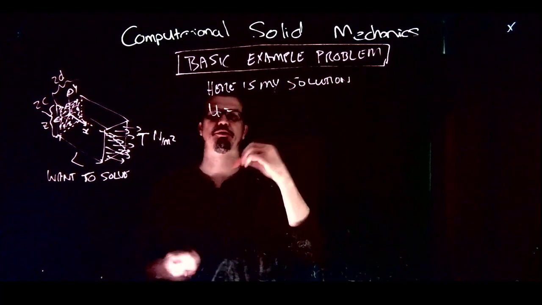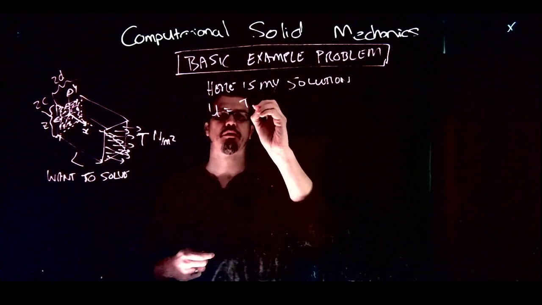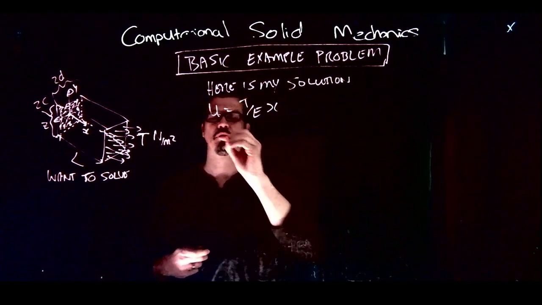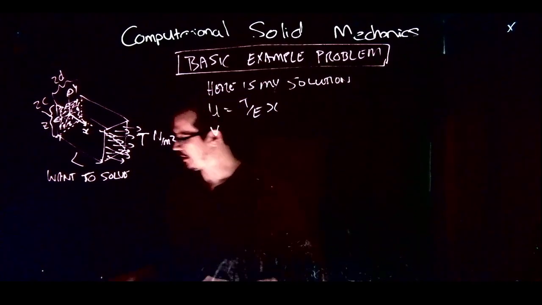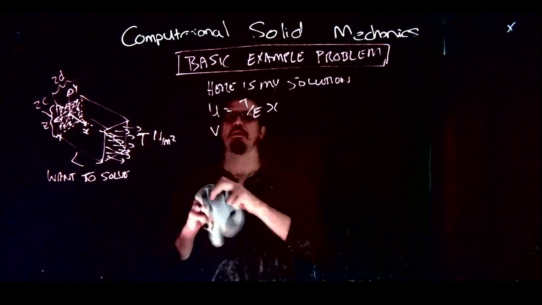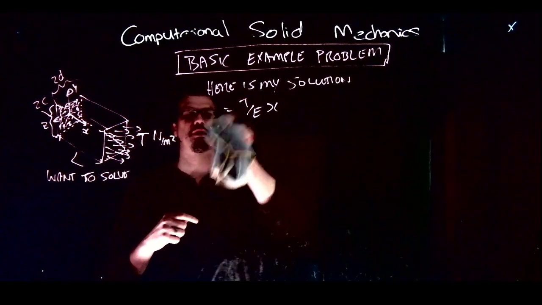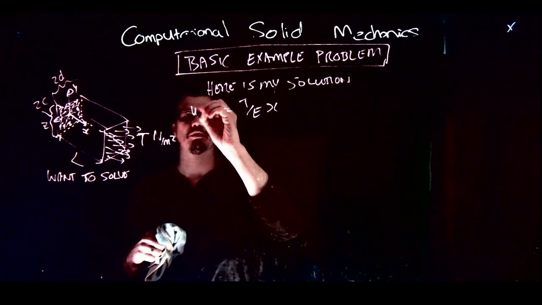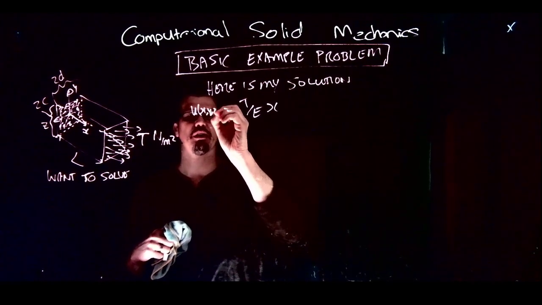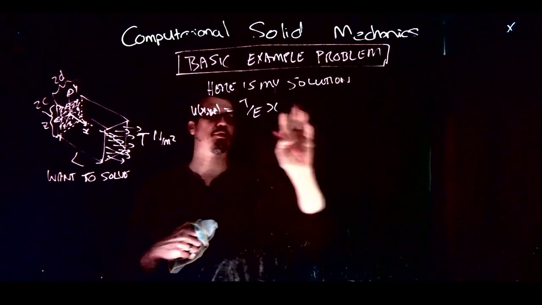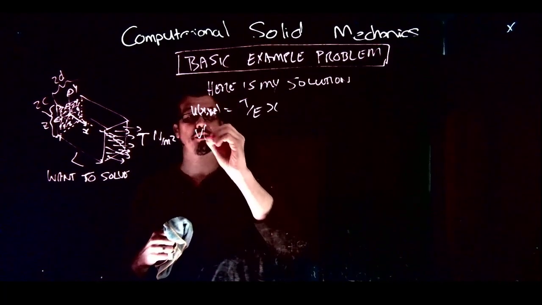It says, okay, the solution I got to the problem is the following. This is the field for U. I want to write it explicitly as a function of x, y, z. I just want to remind you the whole time, this is a function of x, y, and z. Although there's only an x here, there could have been other terms if it was a more complex problem.